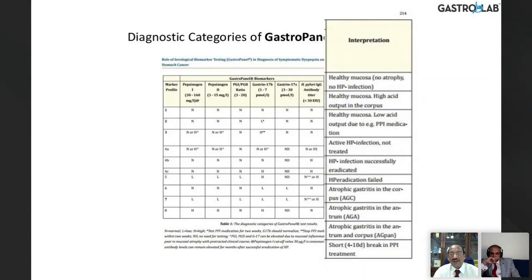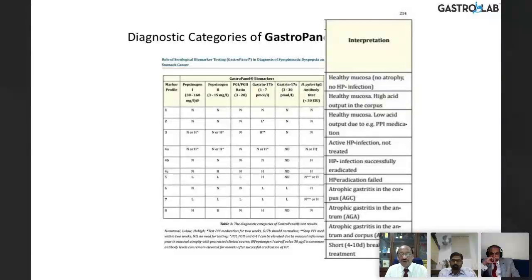And the antibody titers take 12 to 24 months before they settle down. So that is why the screening tests for H. pylori can be serological. But post-eradication, if you want to ensure that the H. pylori is gone or not, a quantitative titer might help.